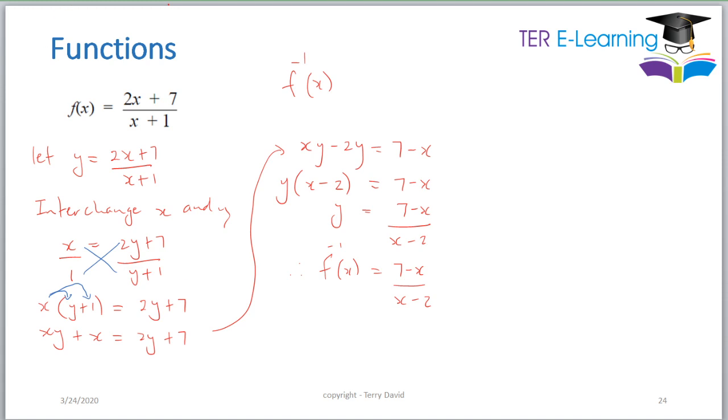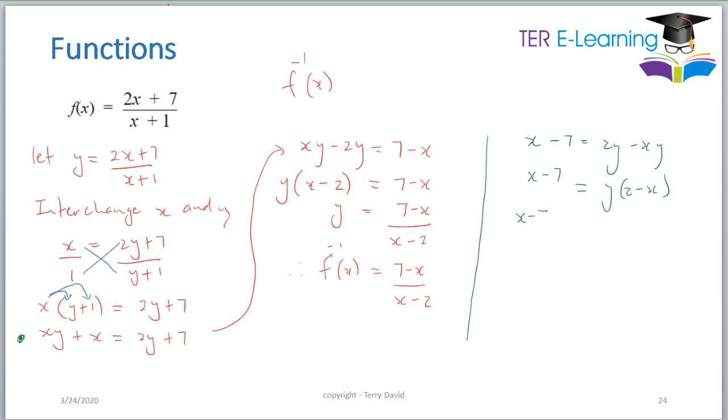So some of you all, depending on how you rearrange your question, you would have gotten something slightly different, right? So let me show you the alternative. So if from here you all had done it like this, let's say x minus 7 equal 2y minus xy, x minus 7 is equal to y into 2 minus x.